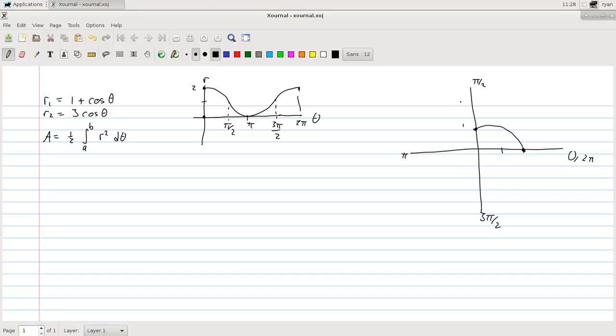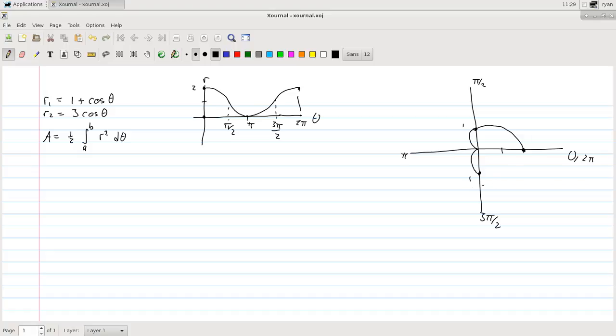As theta goes from pi over 2 to pi, r decreases further until we get to 0. So as we continue sweeping out in this direction, our r value is going to continue decreasing until it gets to 0. As theta goes from pi to 3 pi over 2, r begins to increase again, starting at 0 and steadily increasing until it gets out to 1.